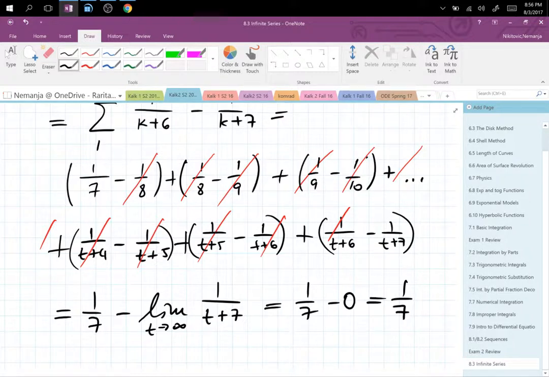It's not what I'm picking, it's what's left after cancellation. We are not picking anything. We are just working with what's left after cancellation. So 1 over 7 stayed, everything else canceled, and then the last term stayed. We take the limit as t goes to infinity, which works out to be 0 in this case, and we get 1 over 7.